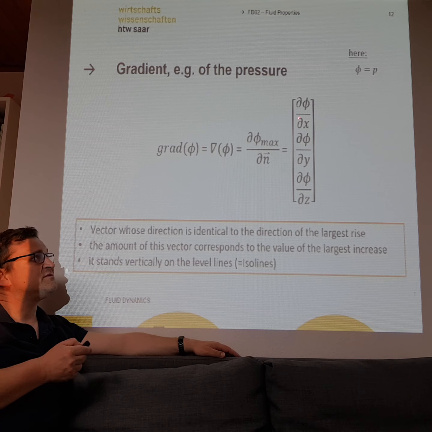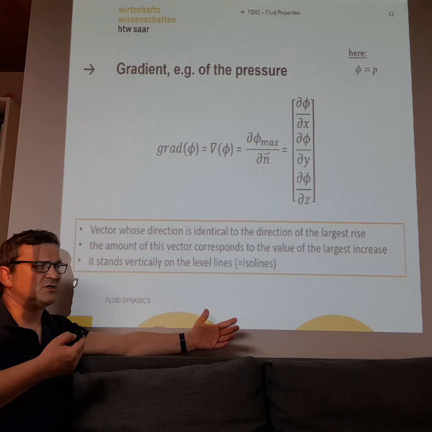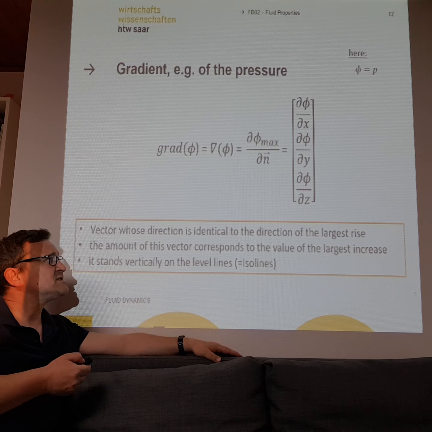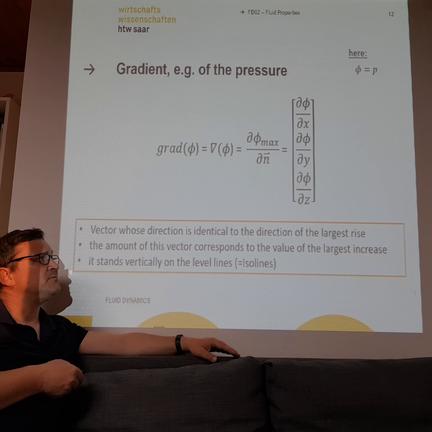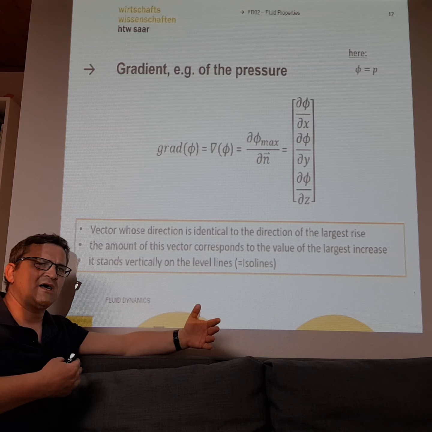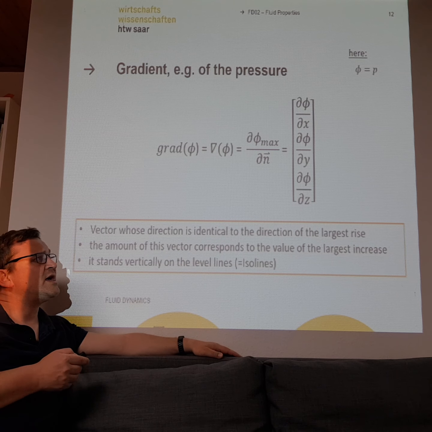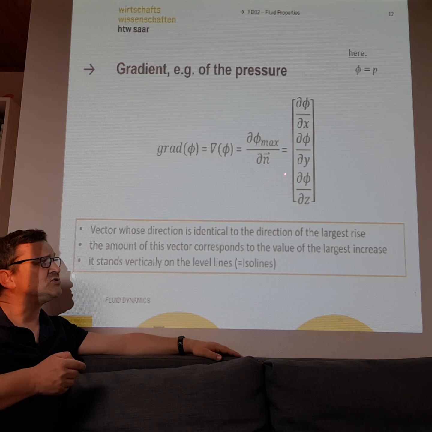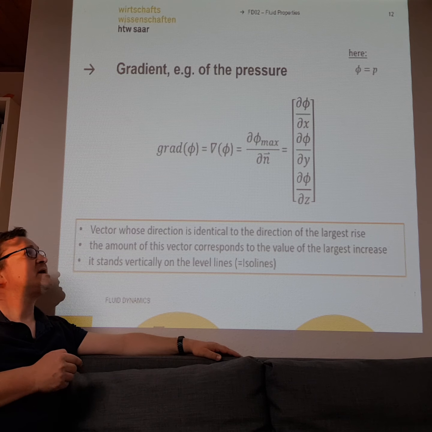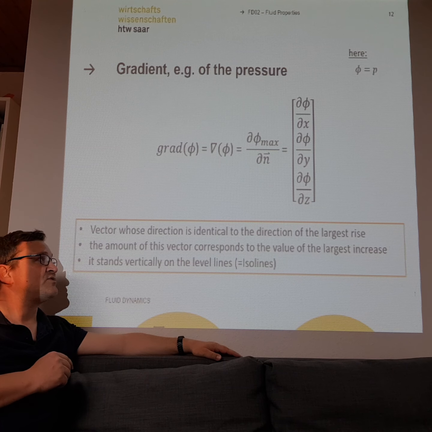For example, in a hexahedral mesh with a normal coordinate system, you have one general variable, which could be velocity or mass or temperature, and we take the derivative in the x direction, in the y direction, and in the z direction.